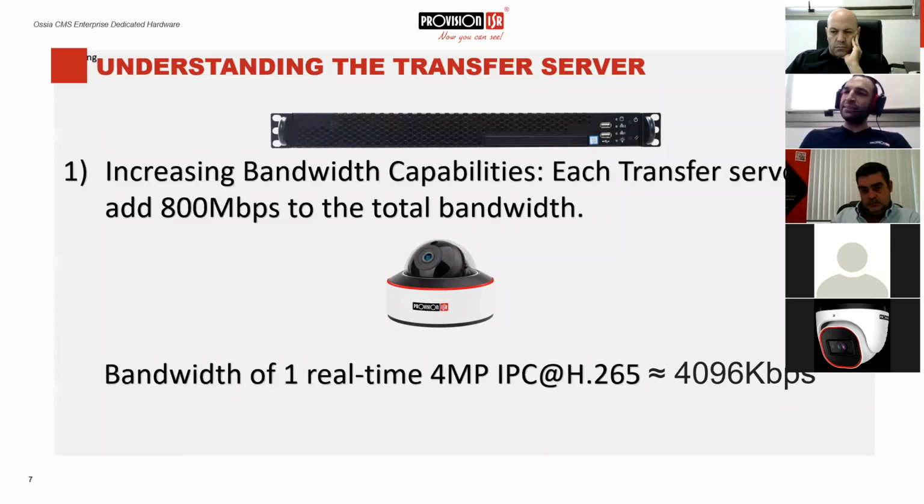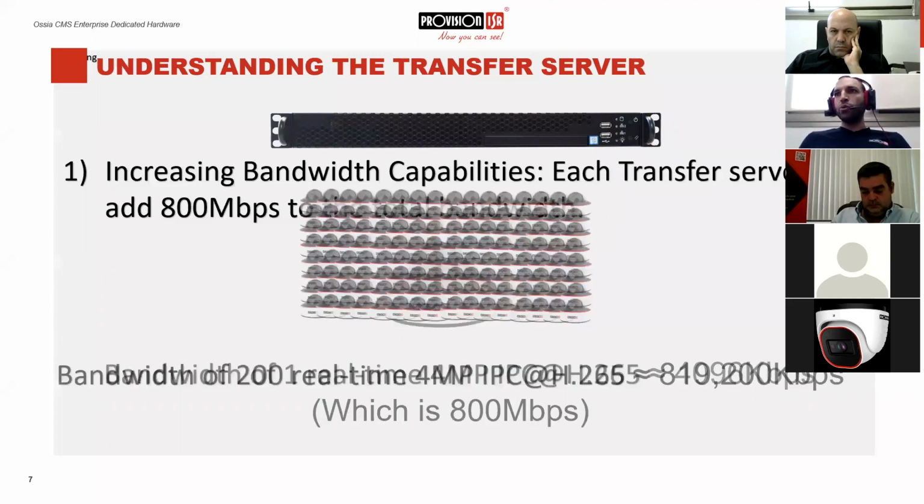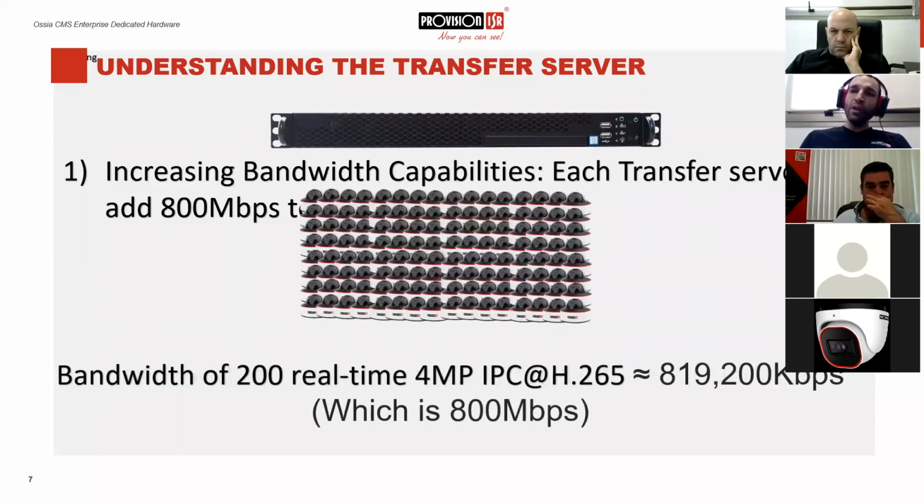But no one has one camera when we are talking about the CMS. So what happens when we have 200 cameras? 200 cameras, 4 megapixel IPC at H.265, is about 819,000 kilobit per second, which is about 800 megabit per second. What's the meaning of it?